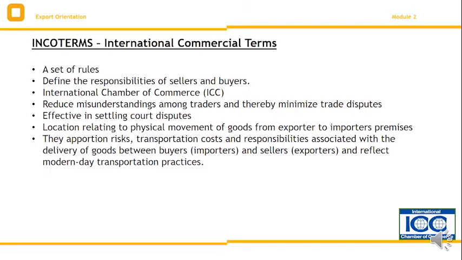They also assist in sharing the risk, the transportation costs, and the responsibilities associated with the delivery of goods. So they will also provide information on the modern day transportation practices when it comes to the transportation of goods from one country to the other.